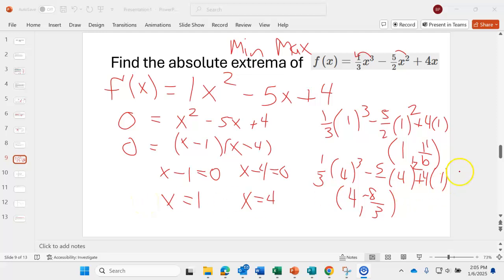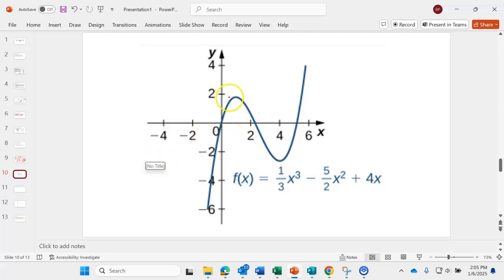When I do that, I get values of 11 over 6 and negative 8 over 3, respectively. If you weren't convinced by what we just did, you could take a look at its graph as well. We can see there's a maximum at this spot and a minimum at this spot, a little bit short of 2 on the y-axis and a little more than negative 2 on the y-axis, at our spots of x equals 1 and x equals 4.